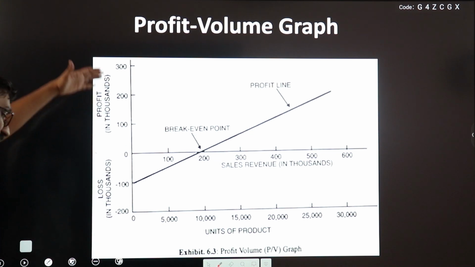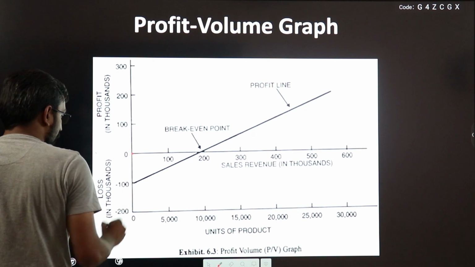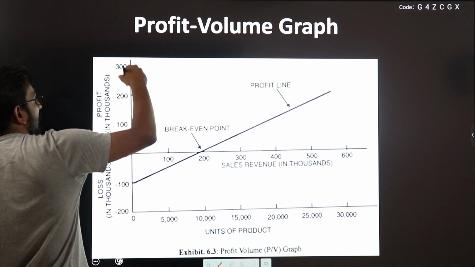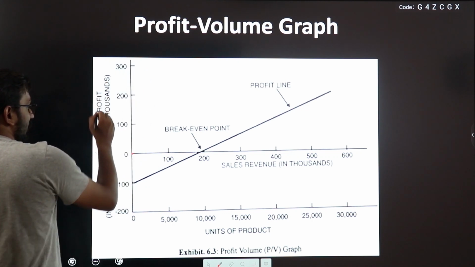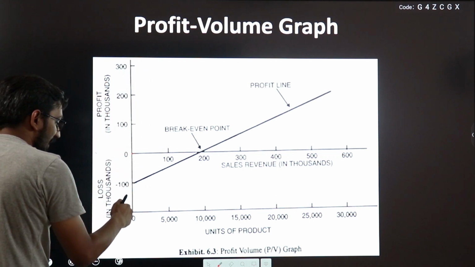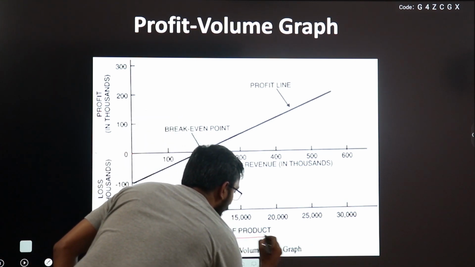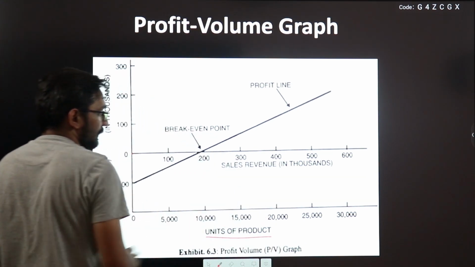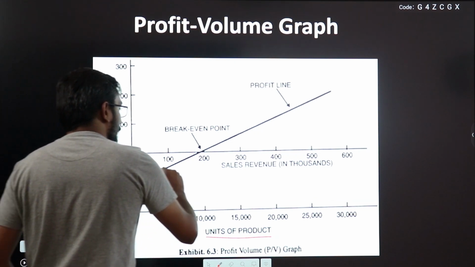Suppose this is point 0. Above this point 0 we have profit, and below it we have loss. Here we have units of production. Suppose this is a profit line.